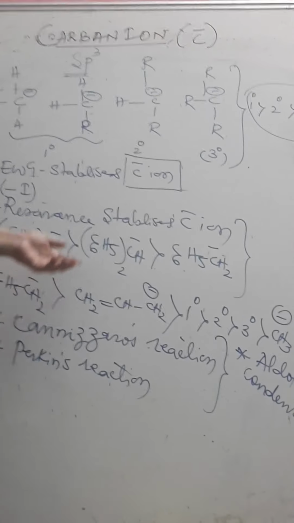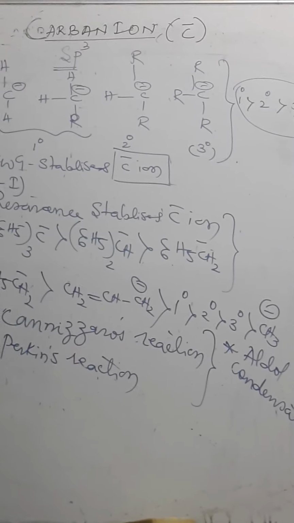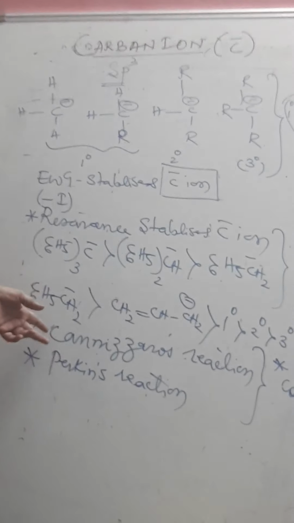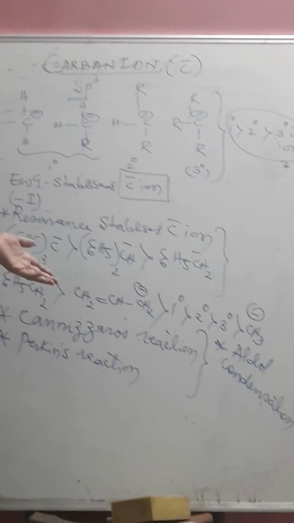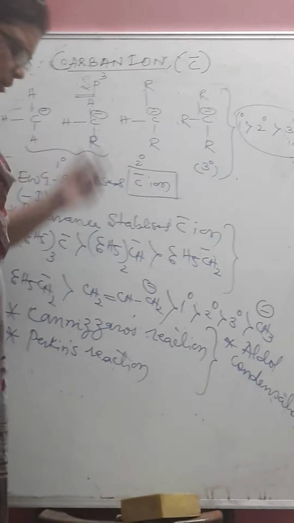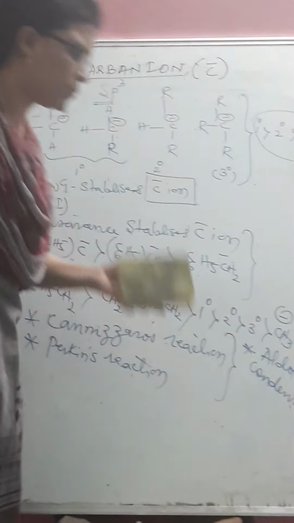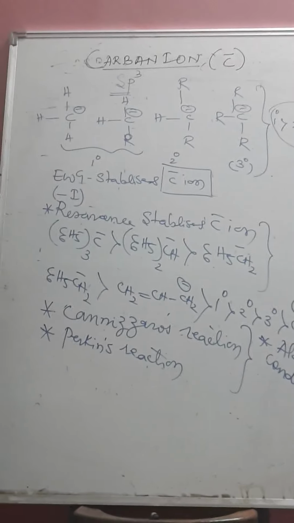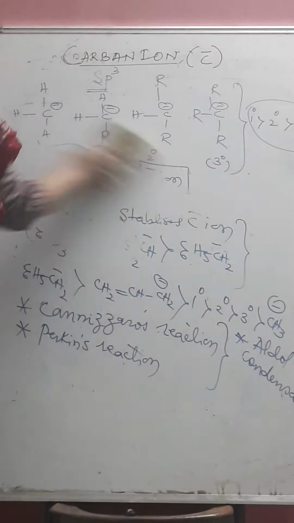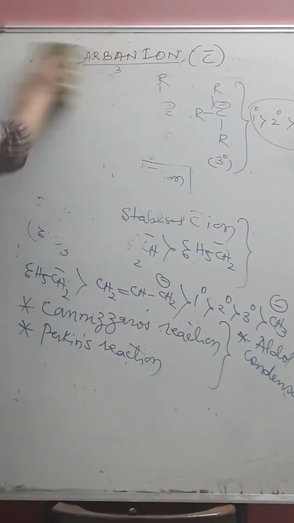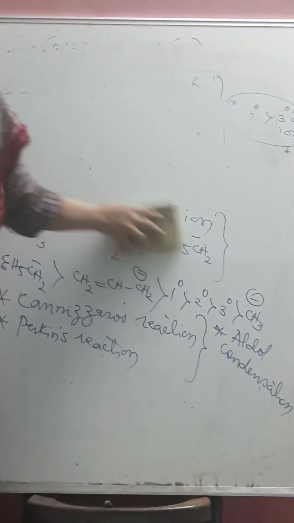And first year children, in future we are going to study about these mechanisms. Because if I take this mechanism also, you can't understand without knowing their base. That's why in the second year regular topic, when we start, that time we will study. The last bit of our syllabus is nature of attacking species.